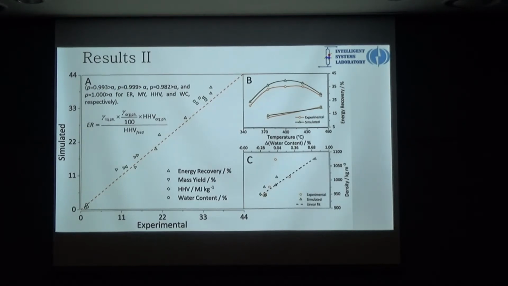And as expected here, all the parameters of the simulated bio-crude containing only 10 to 15 compounds and original bio-crude containing 100 and more are within strong statistical significance.